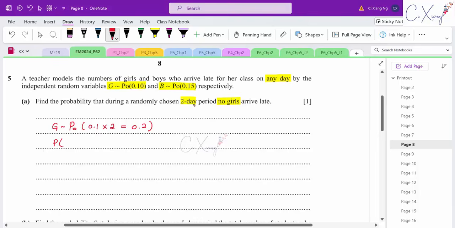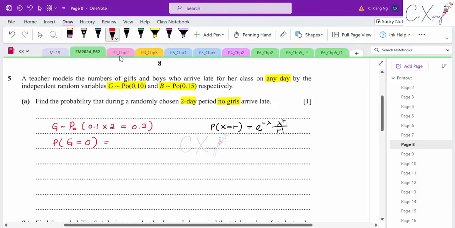And they are interested in calculating the probability that no girl arrives late. So girls arriving late equals 0. So what is the formula for Poisson distribution? Just recall a little bit, it should be e negative lambda, lambda power r, divided by r factorial.